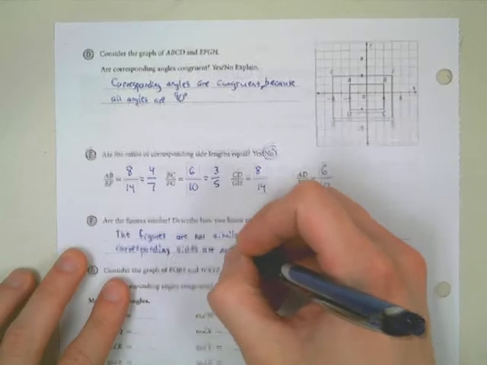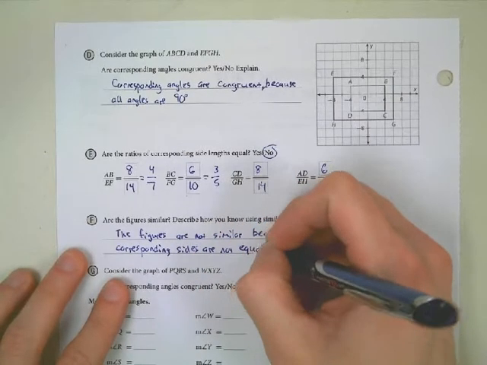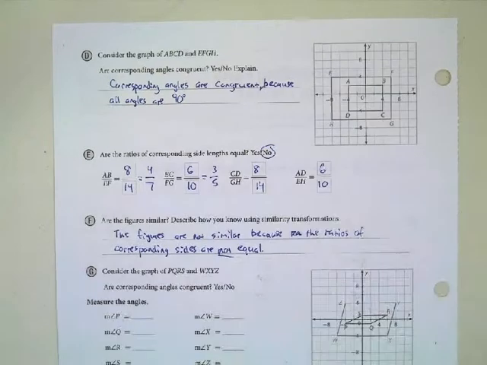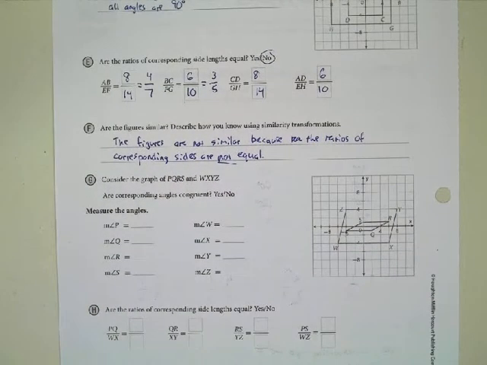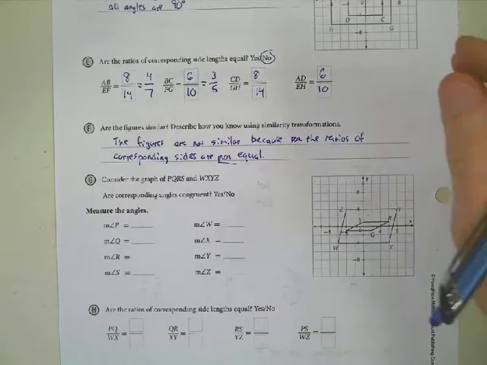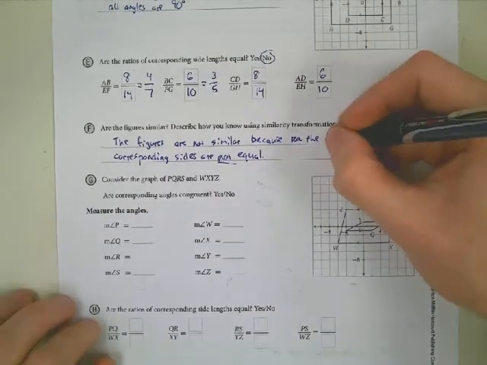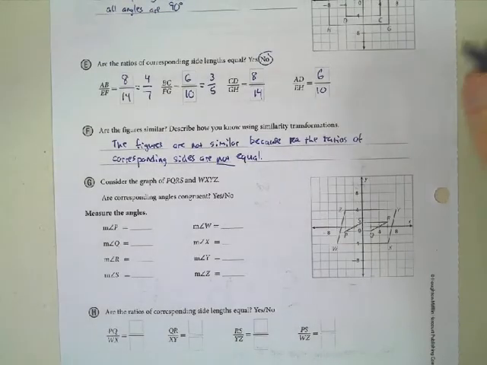Okay? The ratios of corresponding sides are not equal. So the angles are equal, that's great. But the sides do not have the corresponding ratio measures, and so that does not make them... Sorry, it's a scribble out.